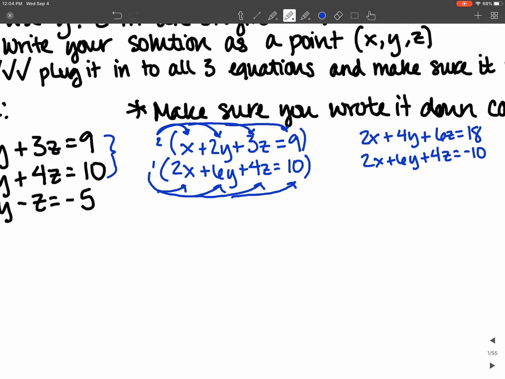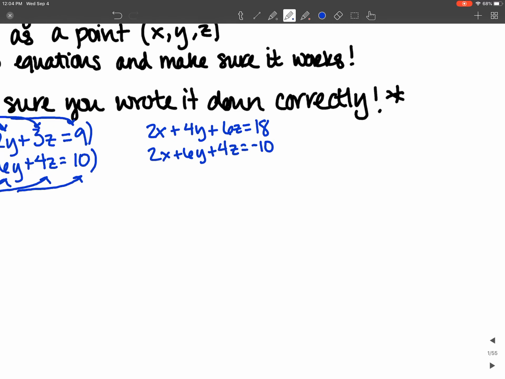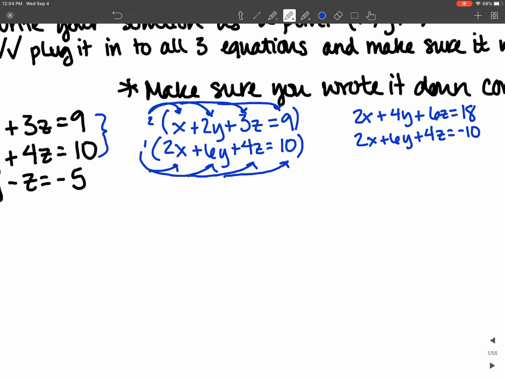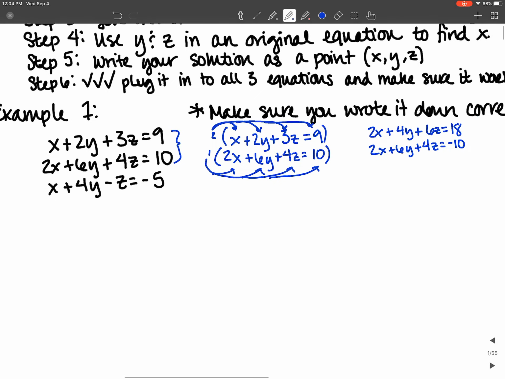Now what? Add straight down. So I'm going to add straight down, which means my x's are going to disappear, which is what I wanted. Now here's the spot where I would not be afraid to use my calculator if I were you, because it's super easy to mess up signs.